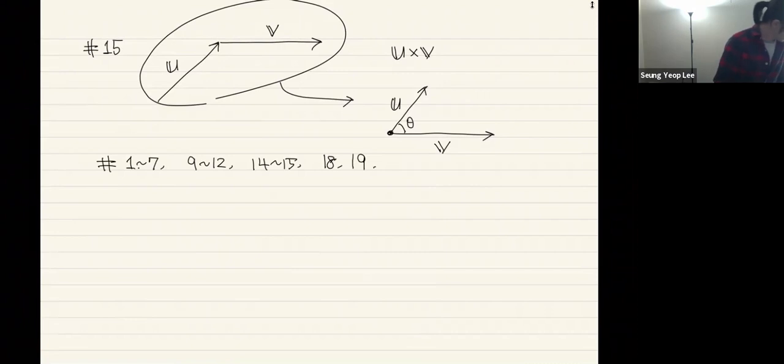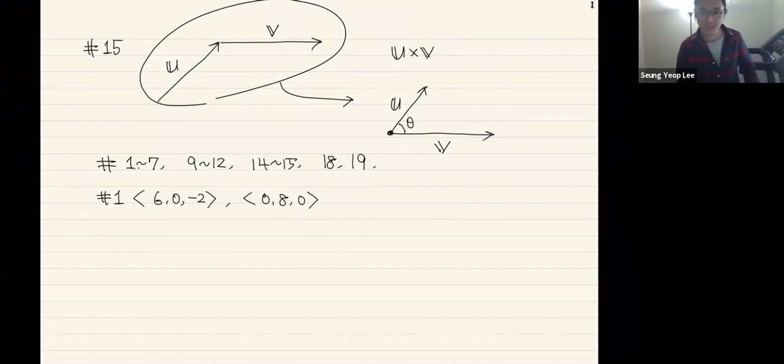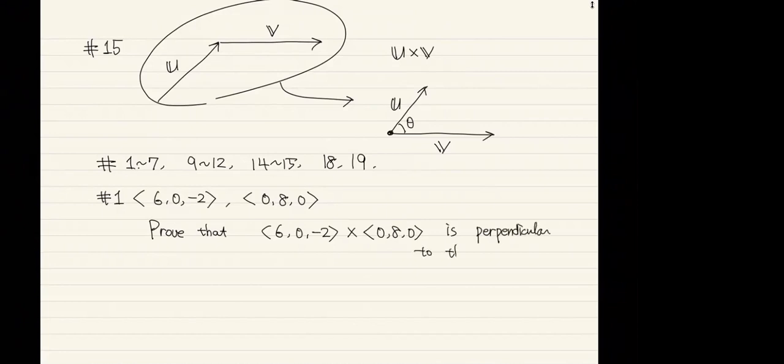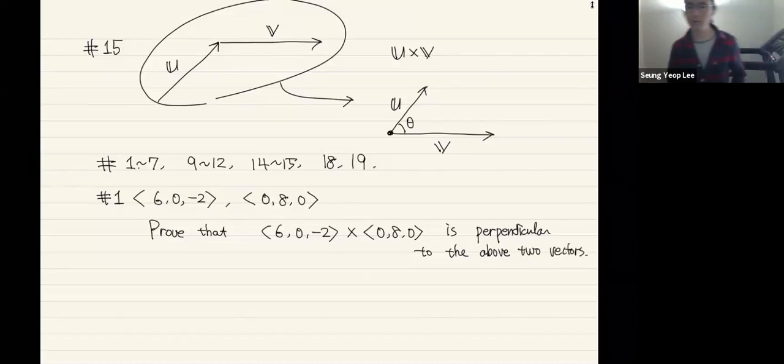Number 1 to 7 asks you to prove that A cross B. For example, number one gives 2 vectors, this vector and this vector, and then asks you to prove that 6, 0, minus 2 cross 0, A, 0 is perpendicular to the above 2.